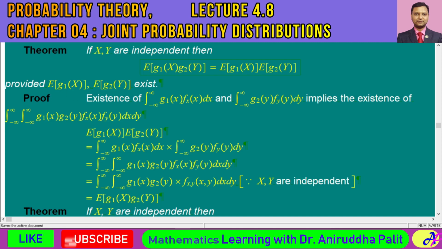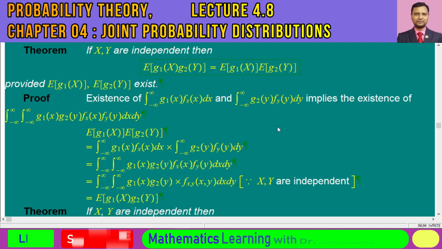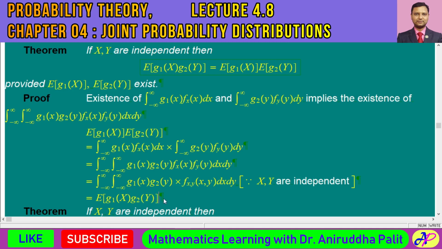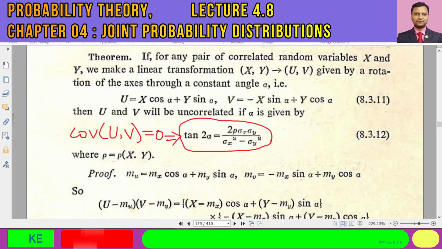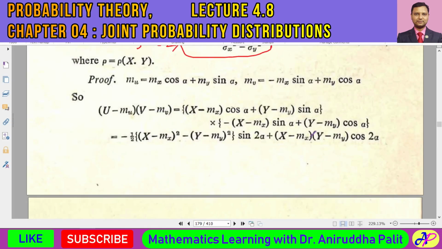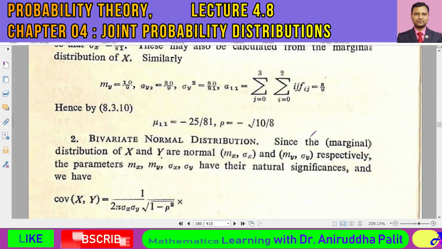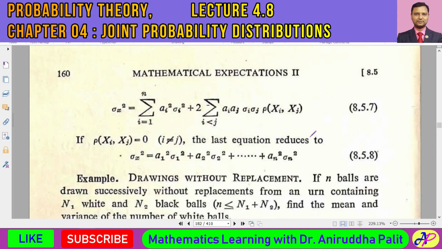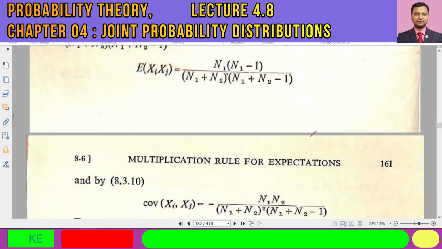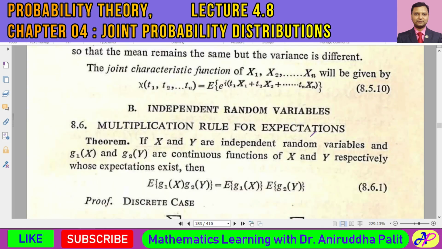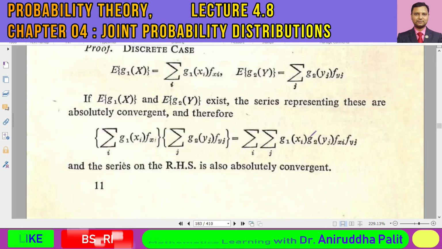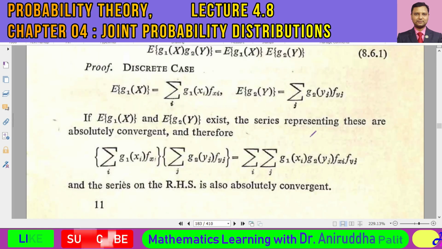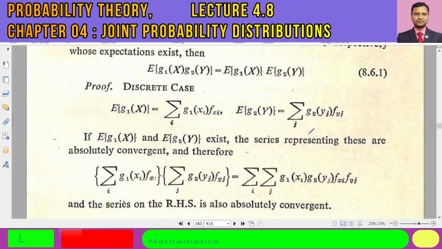So this is the proof of this result when capital X and capital Y follow continuous distributions. Now, even if these two are not continuous, in that case also we can prove this result in a similar fashion. Over here, we are discussing the proof when these two random variables are discrete random variables.